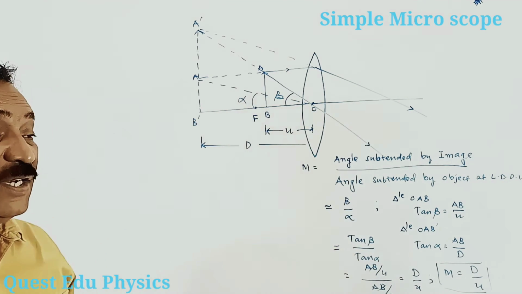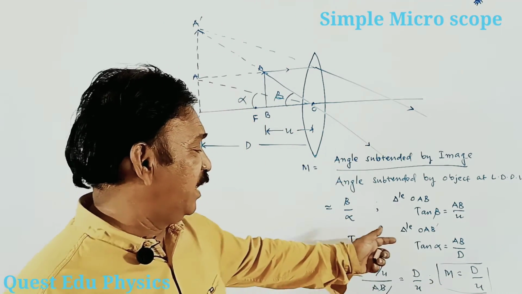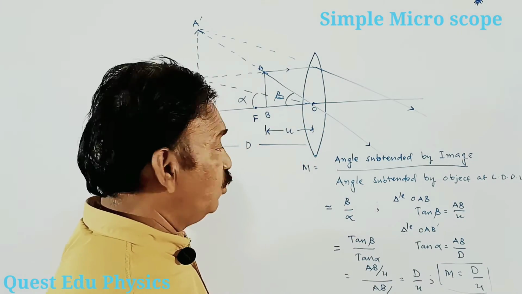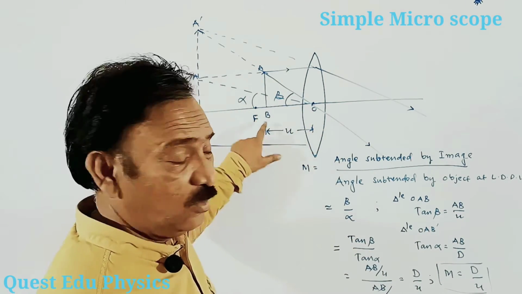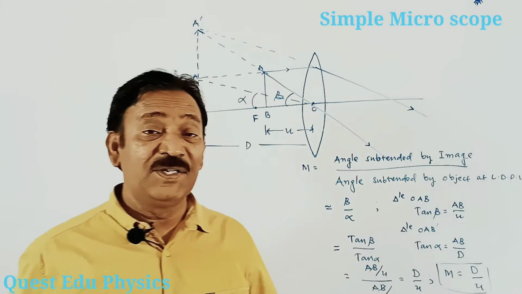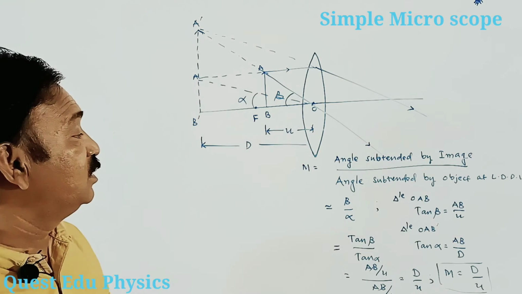Here the magnification is the ratio of the image distance to object distance. If you keep the sign convention also, you will get the same results. D has to be taken as negative and U also is negative. Then minus minus get cancelled and you get the magnification as D by U. Since it's a ratio, it doesn't have any units, you know that, students.